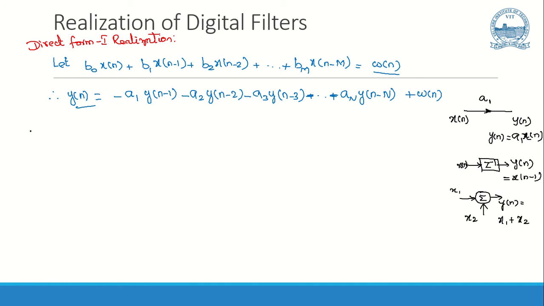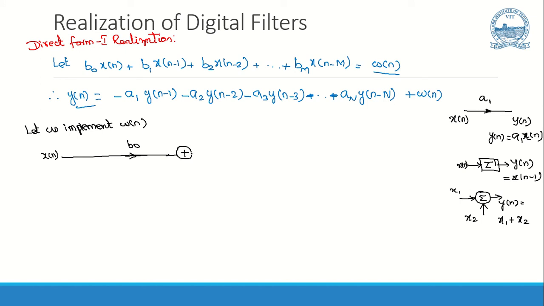Okay, so let us implement w of n. Let me take this as x of n. I have this b naught, so what I have here is b naught x of n.